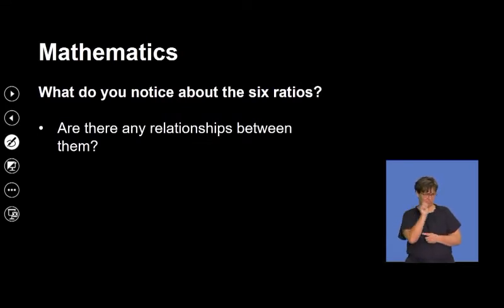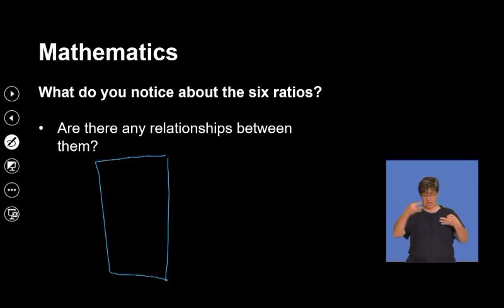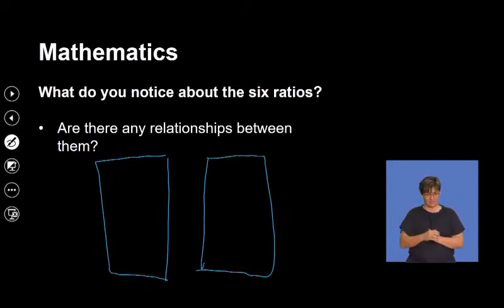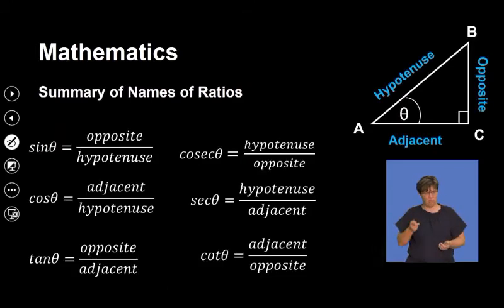Now, what do you notice about the six ratios? Are there any relationships between them? What do you think? If I looked at my first three ratios, is there a relationship of those ratios with that? Kind of, because we saw that we're swapping the numerator and the denominator around. But what exactly do we call that?